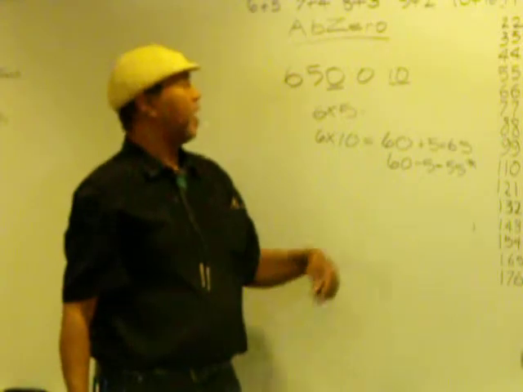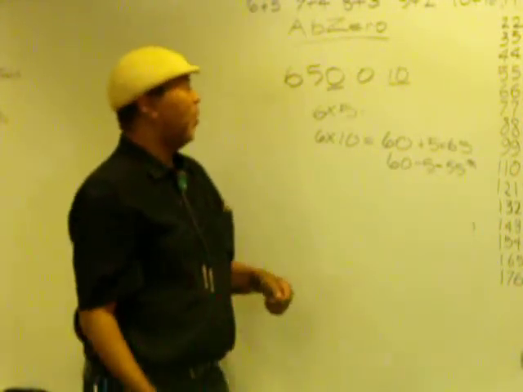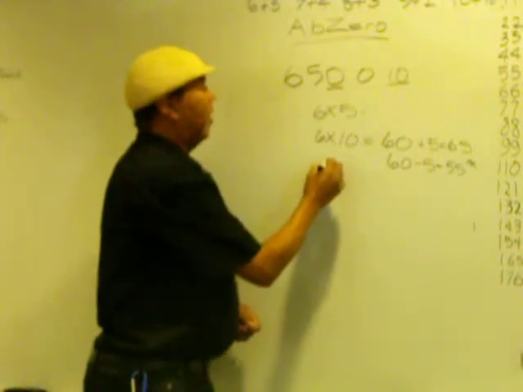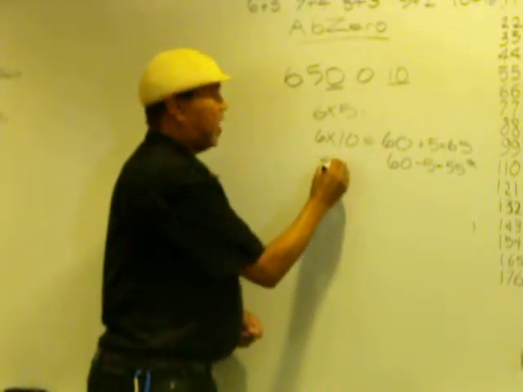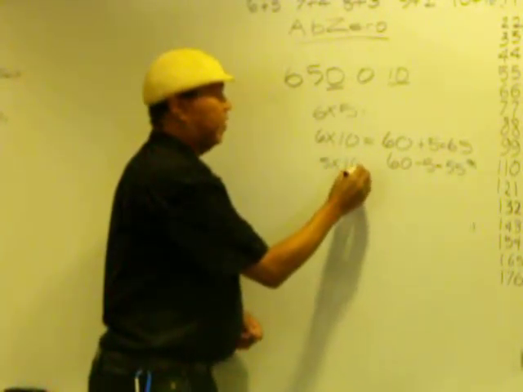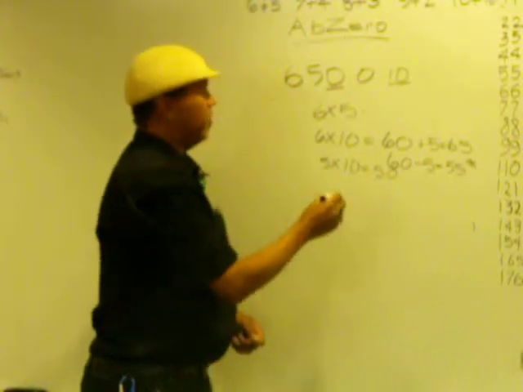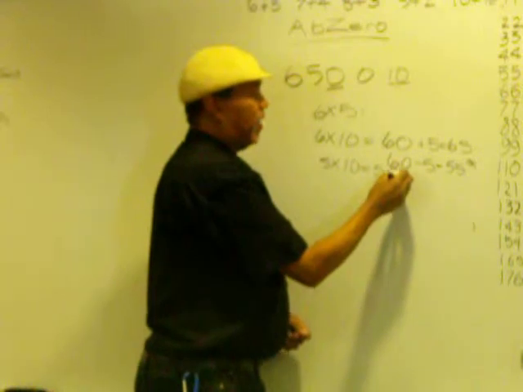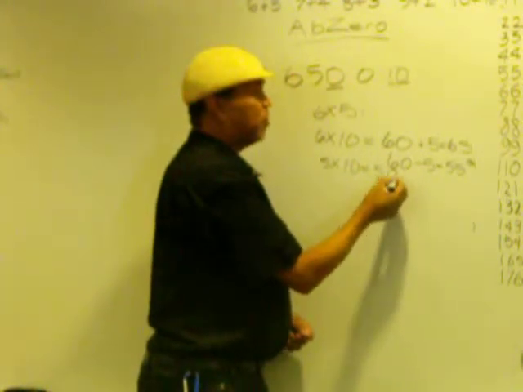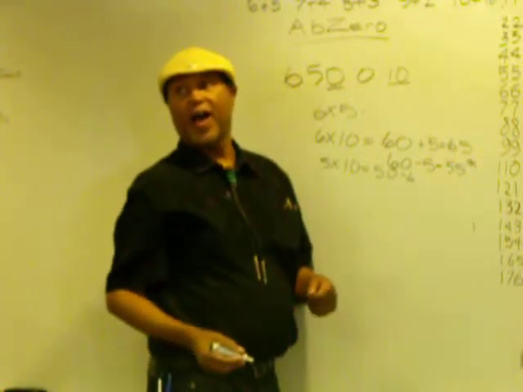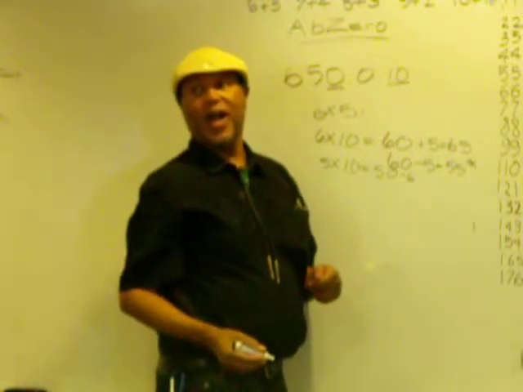And how we arrived at it is running the numbers. And we can go further, and I'll just give you these. 5 times 10 equals 50. You saw the 6. If you add the 6, it's 56. If you subtract the 6, it is 50 minus 6.